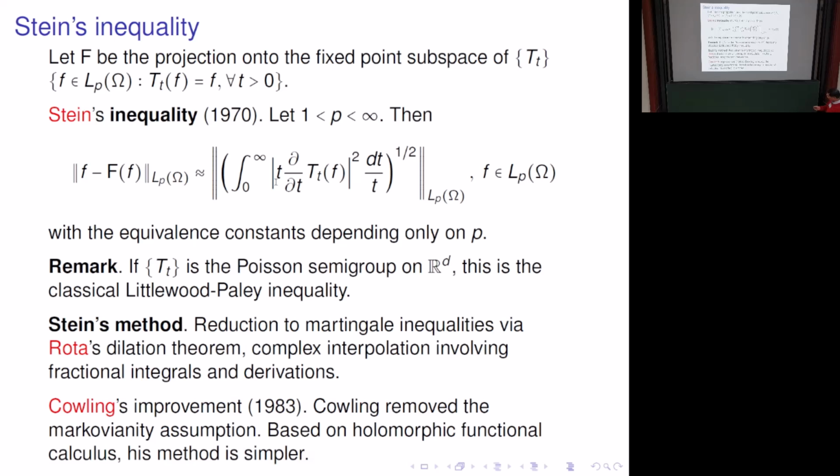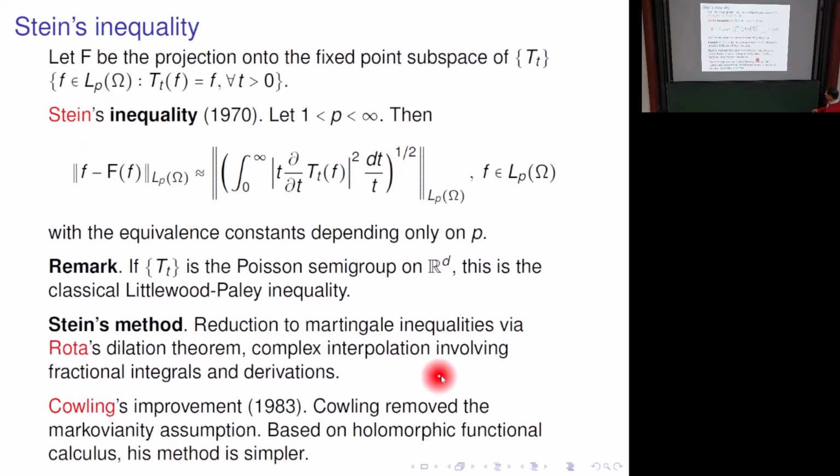Okay, that coding improved, in some sense, improved Stein inequality. In Stein inequality, the semigroup is supposed to be Markovian. That means T_t maps the constant function 1 to the constant function 1.